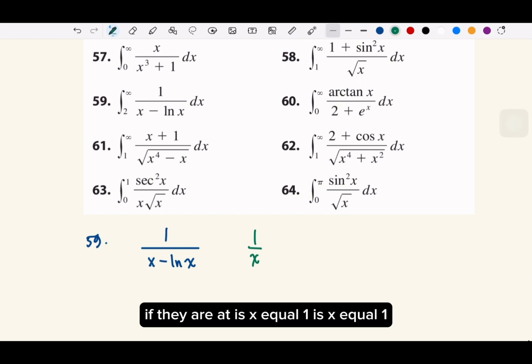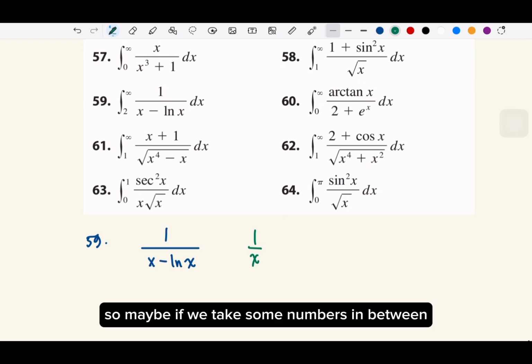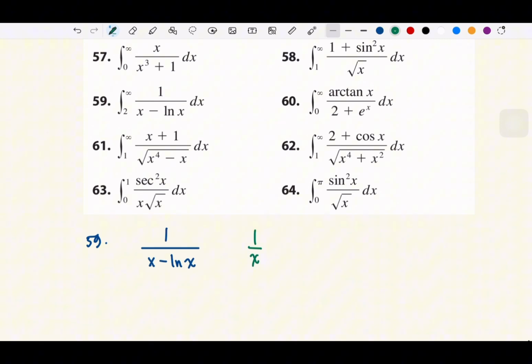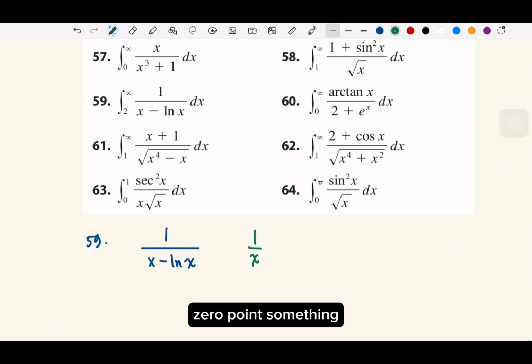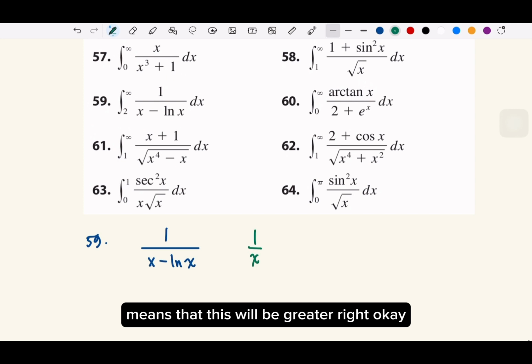If x equals 1, it doesn't have the endpoint. So let's say it starts from 2. So if we take some numbers in between, remember ln 2, 3, 4 is always in decimals, right? 0 point something. So if we have, for example, 2, then 2 minus 0 point something will be 1 point something. So what does it mean? It means that this will be greater, right?